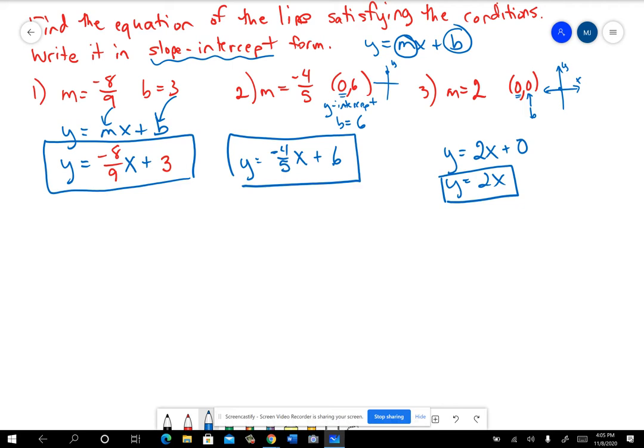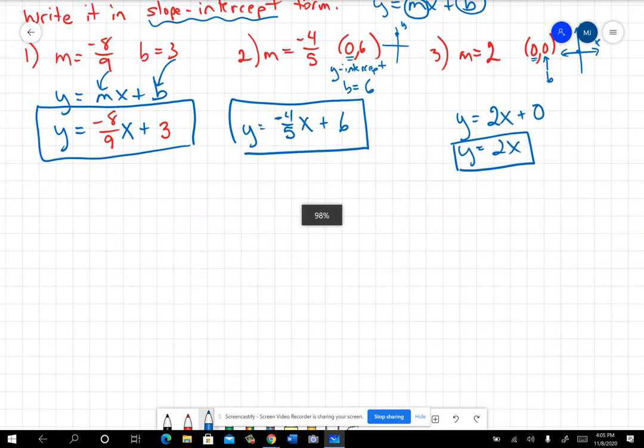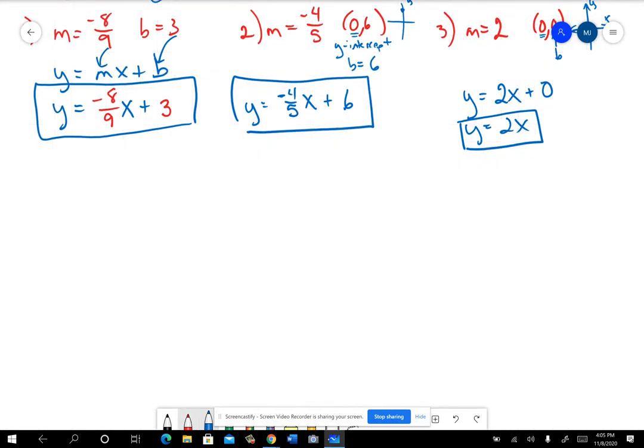All right, let's look at the next two, okay? So question number 4 on the handout actually gives you a graph. And it's kind of a small little graph, so it might be hard to see. So when I'm looking at it, I'm noticing that it appears to cross up there at 5, and then it looks like it crosses at -7 when I look at it.